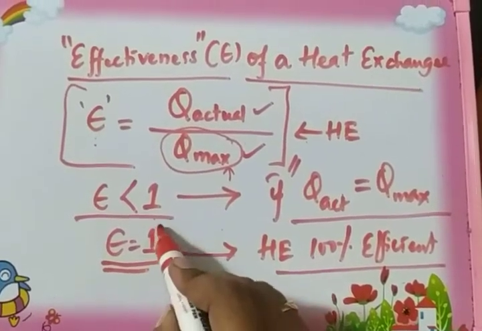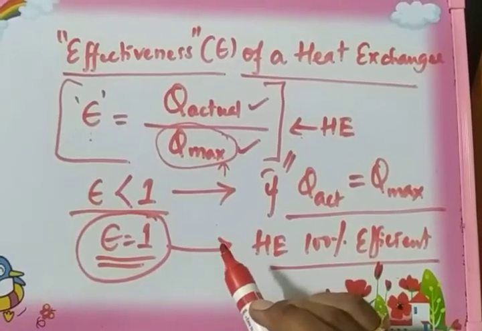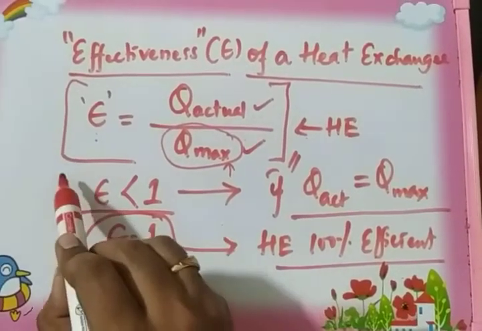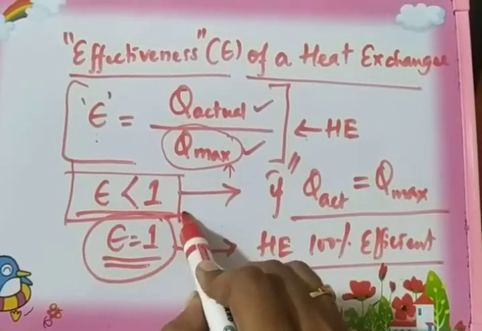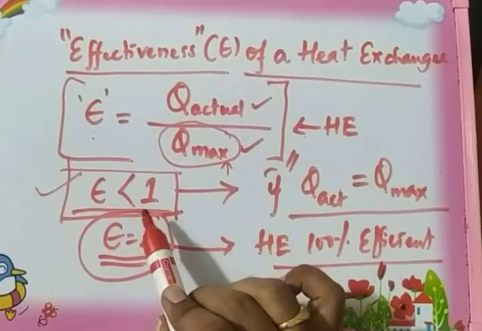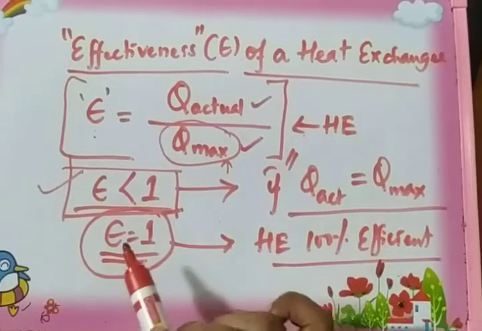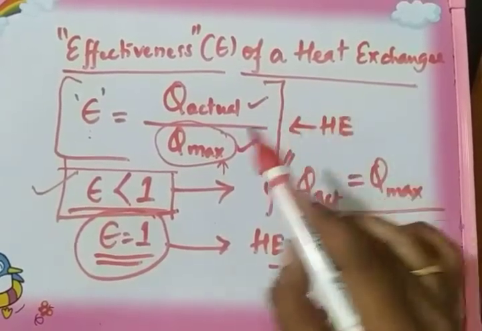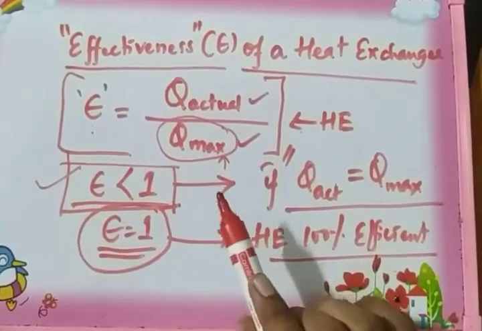I mean to say effectiveness cannot be equal to 1 in reality. Therefore, in most practical cases, whatever heat exchangers we study or analyze, we will always find that their effectiveness is less than 1. So with this background, we shall further proceed to understand the various relations related to effectiveness.